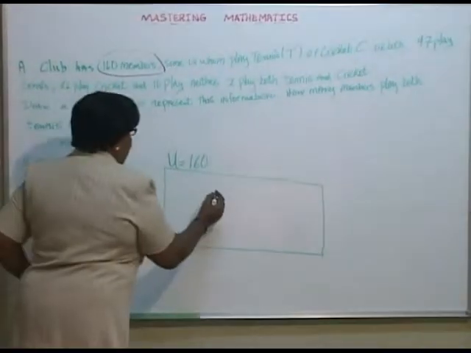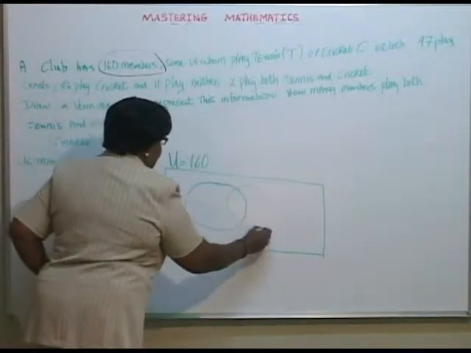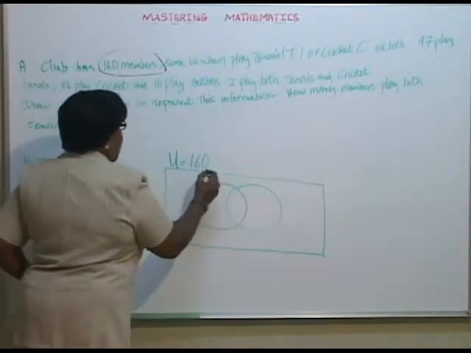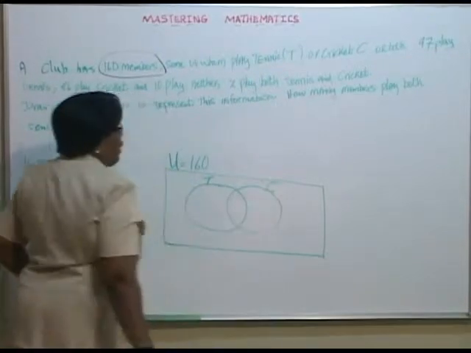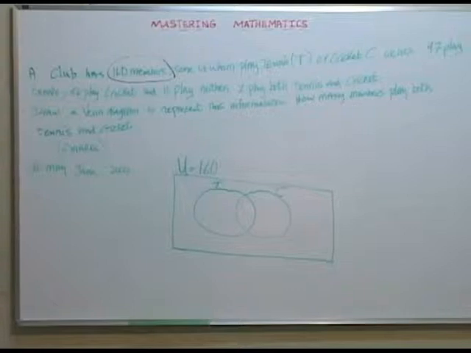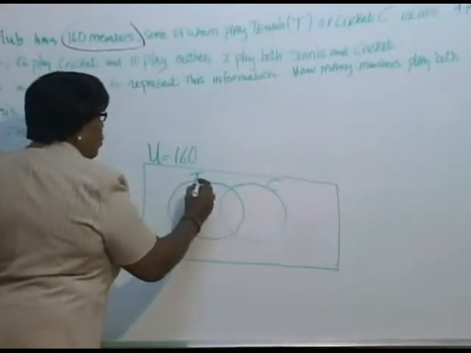Now, some play tennis or cricket or both. Okay, so we know right away we can draw subsets and they will overlap. So we have tennis, T, and we have cricket, okay? 97 play tennis. Where are we going to put that 97? That is right, it represents the whole set.